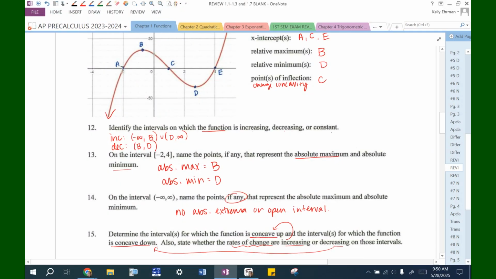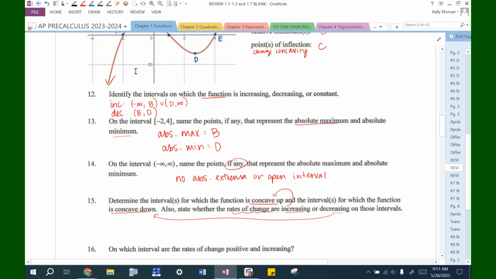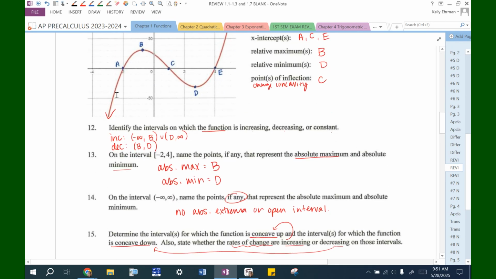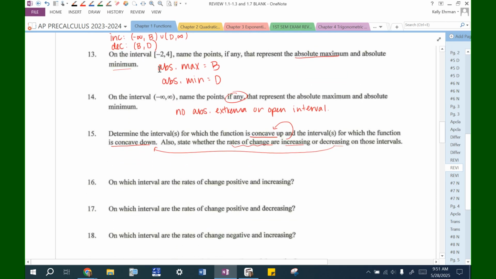Looks like it's concave down on this first half until you hit C, and then it switches to concave up. So I'm going to say negative infinity to C is concave down. So concave down from negative infinity to C. And remember, concave down, rate of change is decreasing.